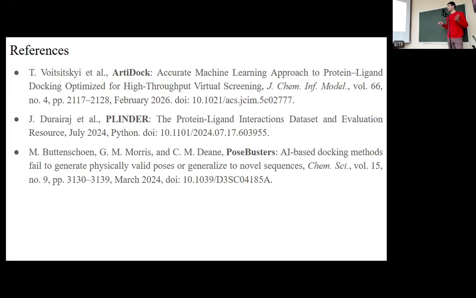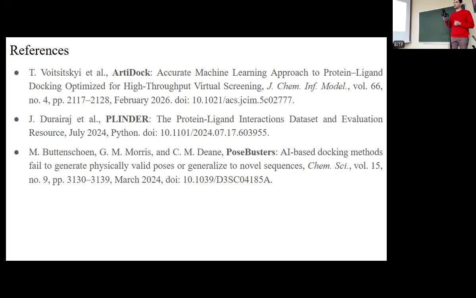But the general idea of this tool is to provide something that is more accurate than classical approaches and most machine learning-based approaches, but also provides speed similar or better than all other tools.